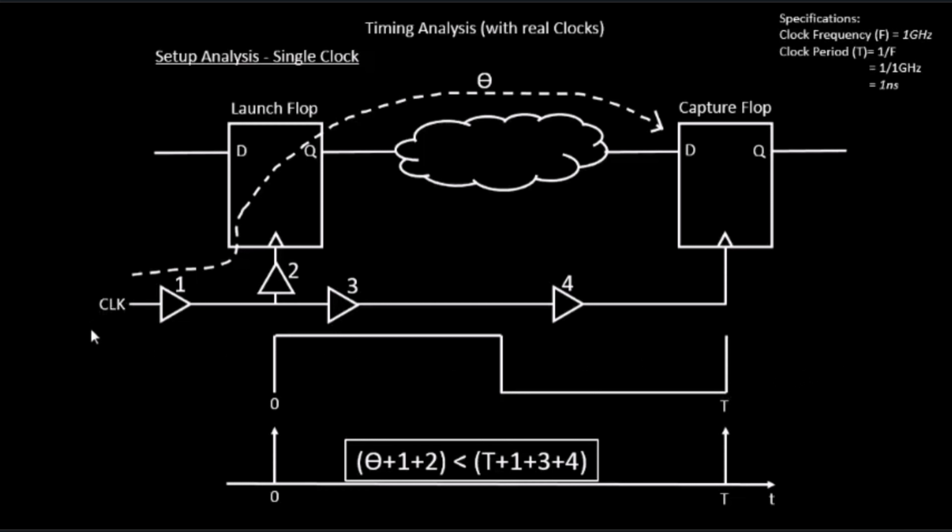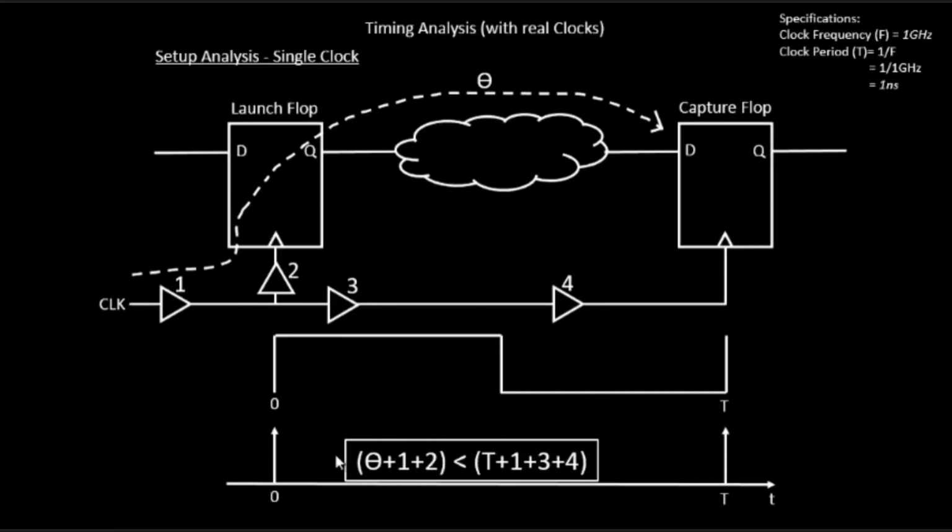The clock source, the PLL or the clock generation, will send the clock edge at 0 nanosecond over here, but it will reach the launch flop and the capture flop only after these buffer delays. This is the best way to interpret this.